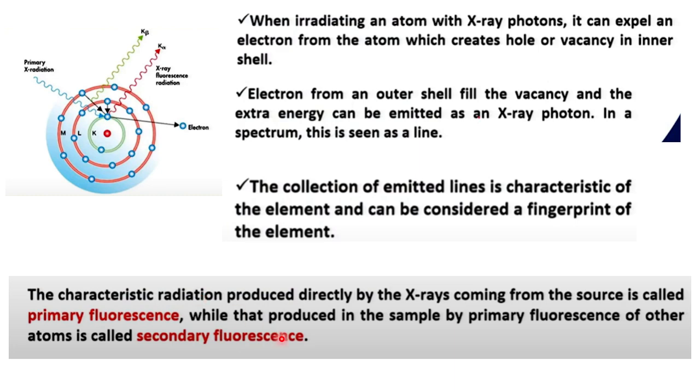The characteristic radiation produced directly by the X-ray coming from the source is called the primary fluorescence, while that produced in the sample by primary fluorescence of other atoms is called the secondary fluorescence. So that incident X-ray must have higher energy, then only it can knock out the electron, and what is produced in the sample after the primary fluorescence will be the secondary fluorescence.